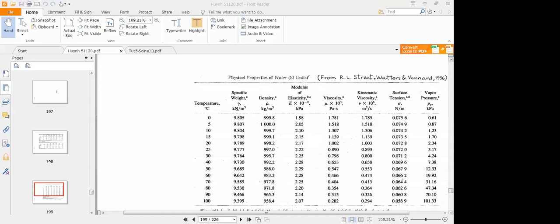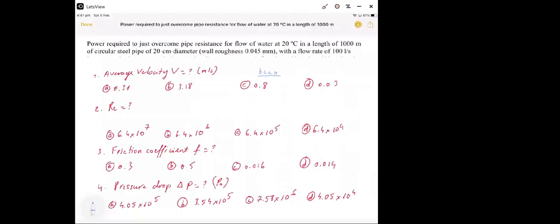So do you think that the answer is correct or wrong? Okay, you mean you think that the answer is correct? Okay, so we have the first answer BCCI.